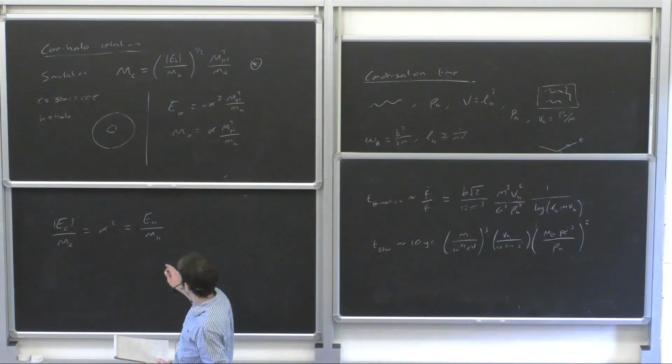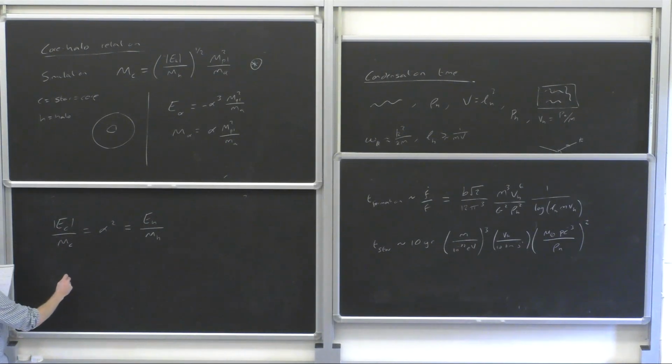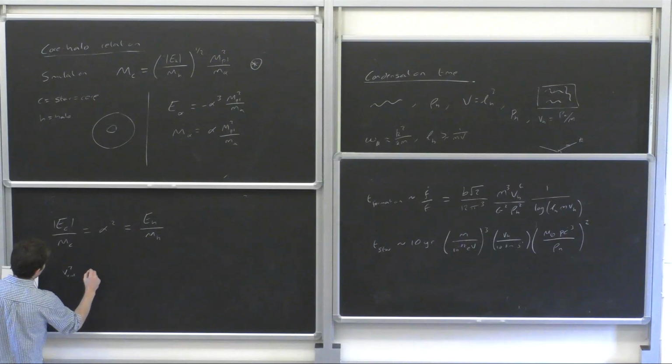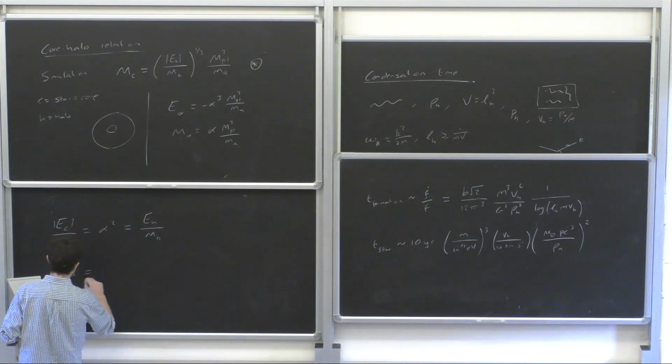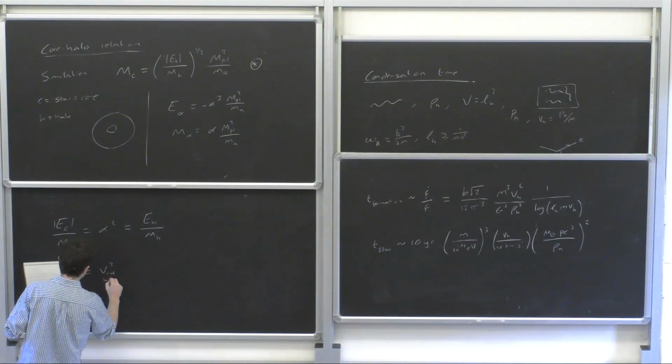In more physically useful terms, if we say that the systems all are virialized, then the energy per unit mass is roughly the virial velocity squared. And our claim is that the virial velocity of the axion star is equal to the virial velocity of the surrounding halo.